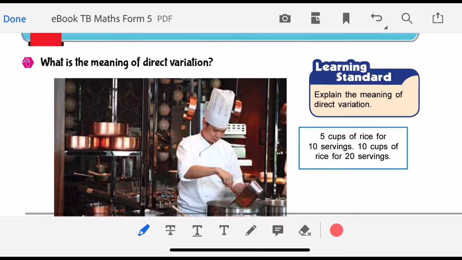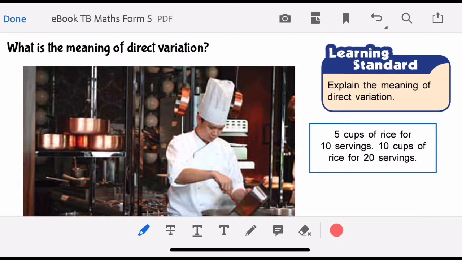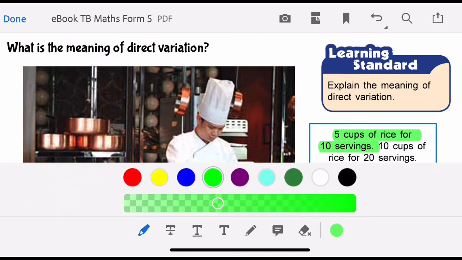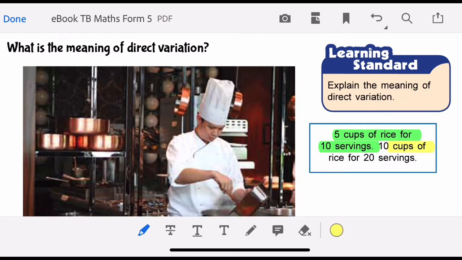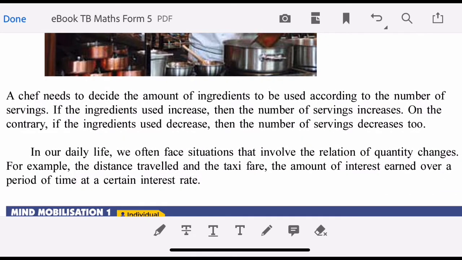So the next one is direct variation. What is the meaning of direct variation? I will explain the meaning of direct variation using the picture. 5 cups of rice for 10 servings. If 10 cups of rice, we actually need for 20 servings. That is called direct variation. A chef needs to decide the amount of ingredients to be used according to the number of servings.